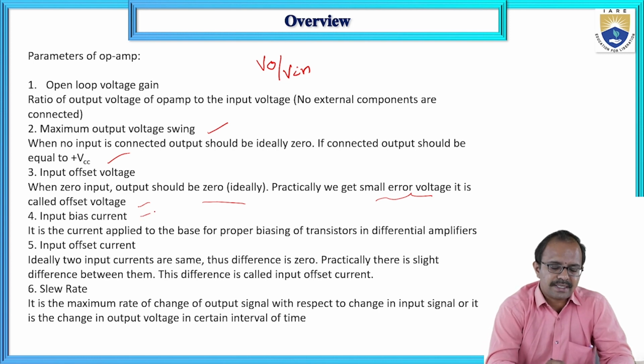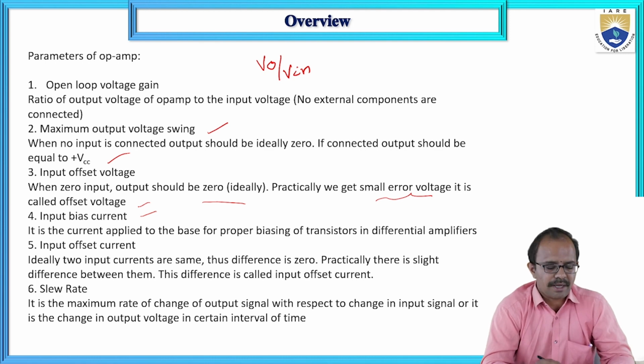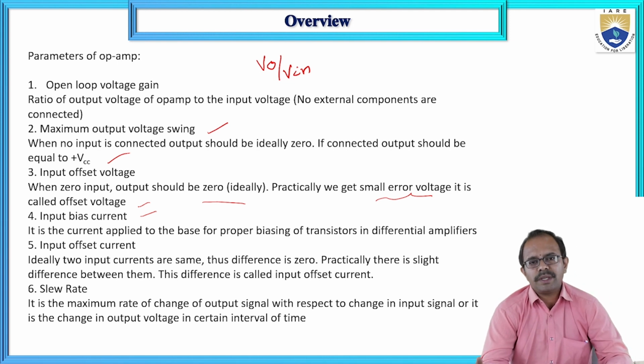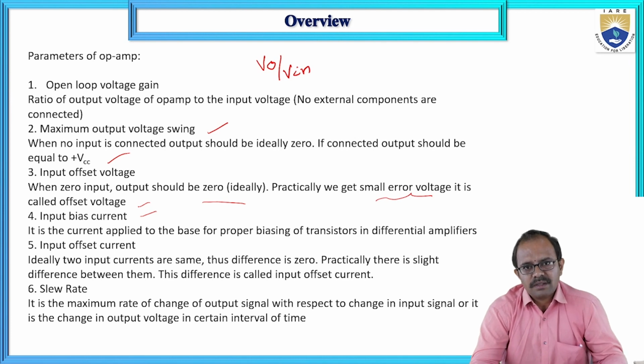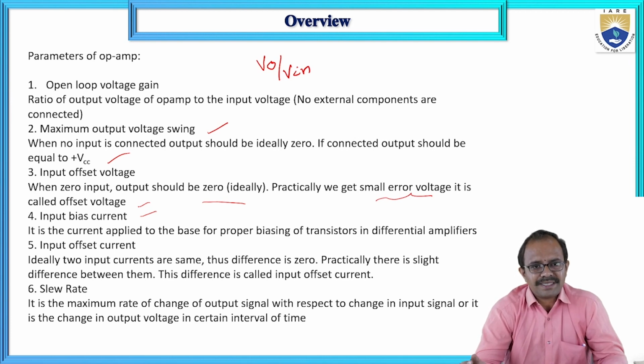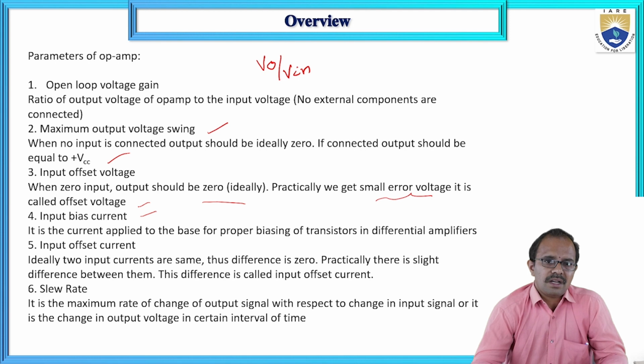And input bias current. What is meant by the bias current? It is the bias provided to the base of your amplifier. That is differential amplifier. Right, bias current applied for proper biasing. That is because we are going to operate the transistors in the context of differential amplifier.